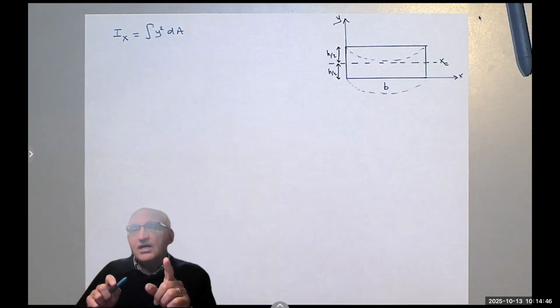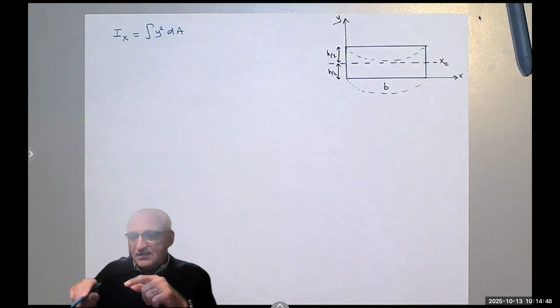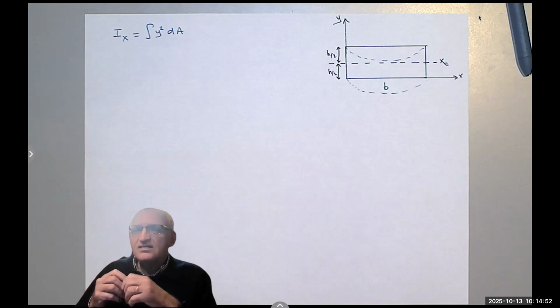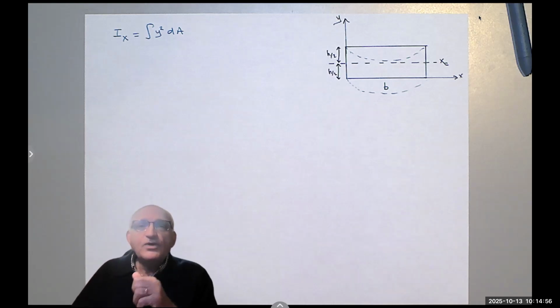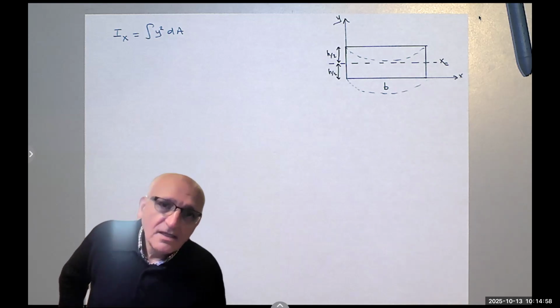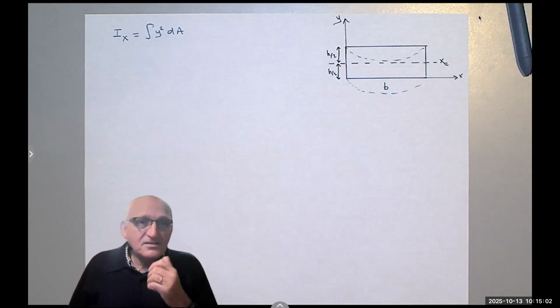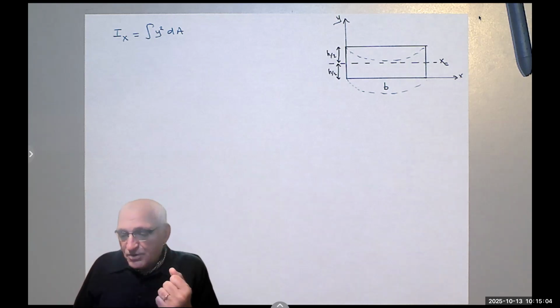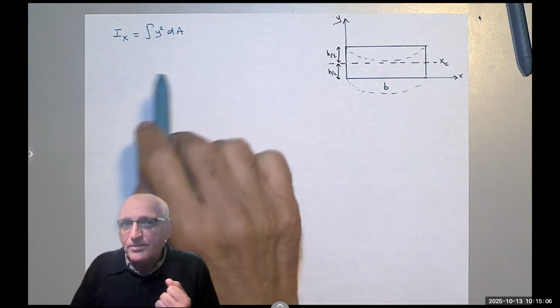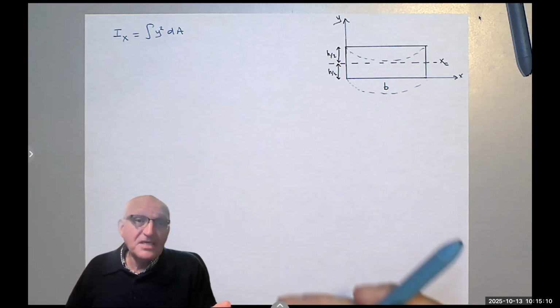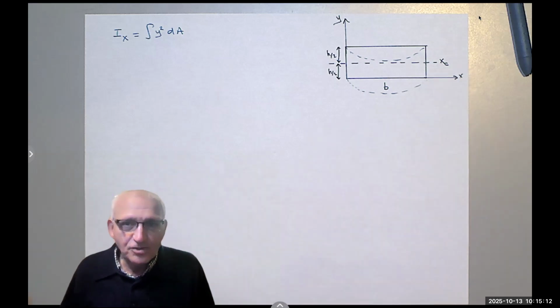Those of you who were following my sessions of probability and statistics would find a very similar thing when we were calculating the variance. The variance of a distribution is the second moment about the mean, which is basically the centroid.